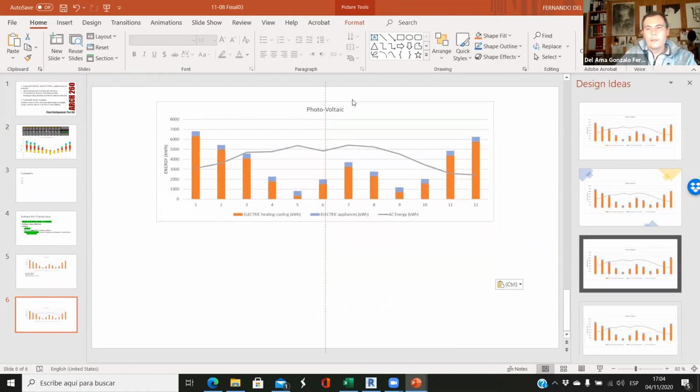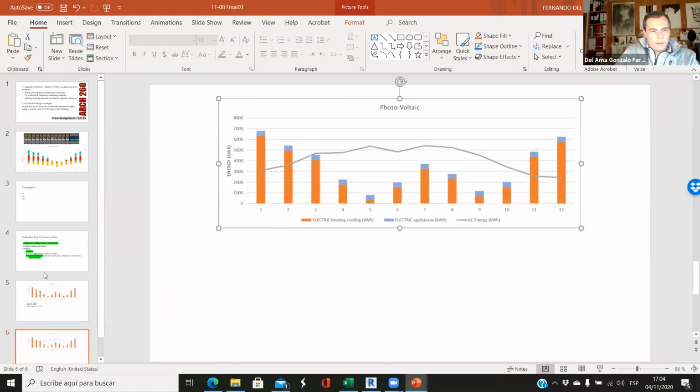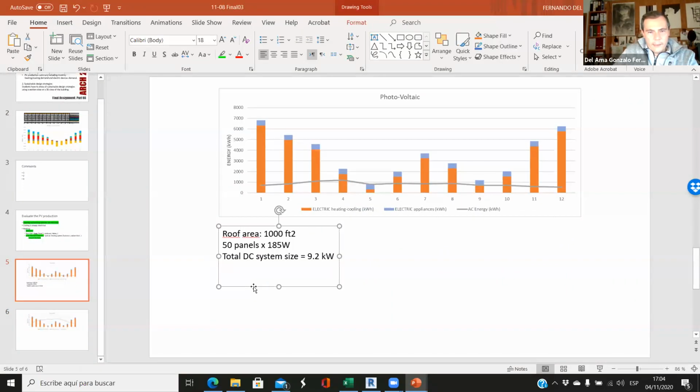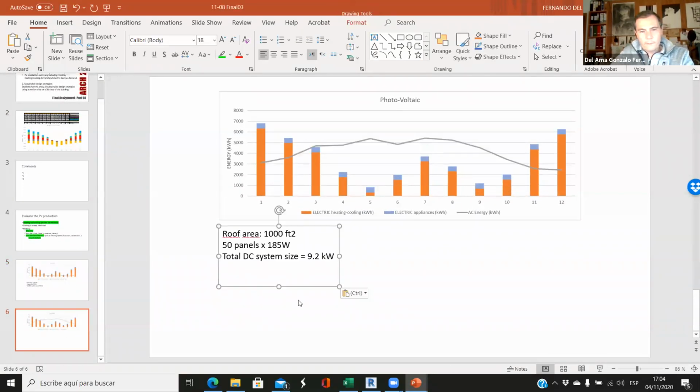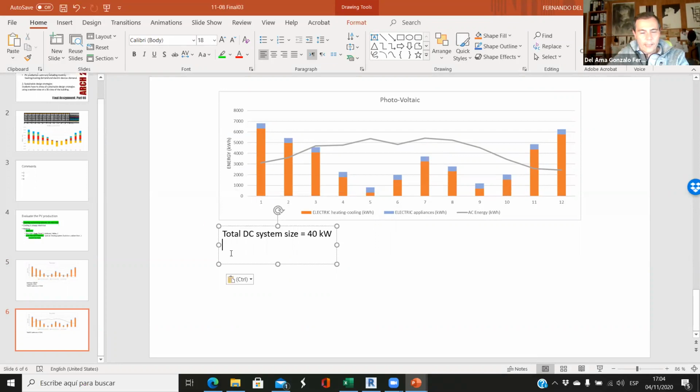There you go. So now we need the data. It's not only the roof area, but the total system size. I think it was 40 kilowatts. Okay, so how many panels do we need now?